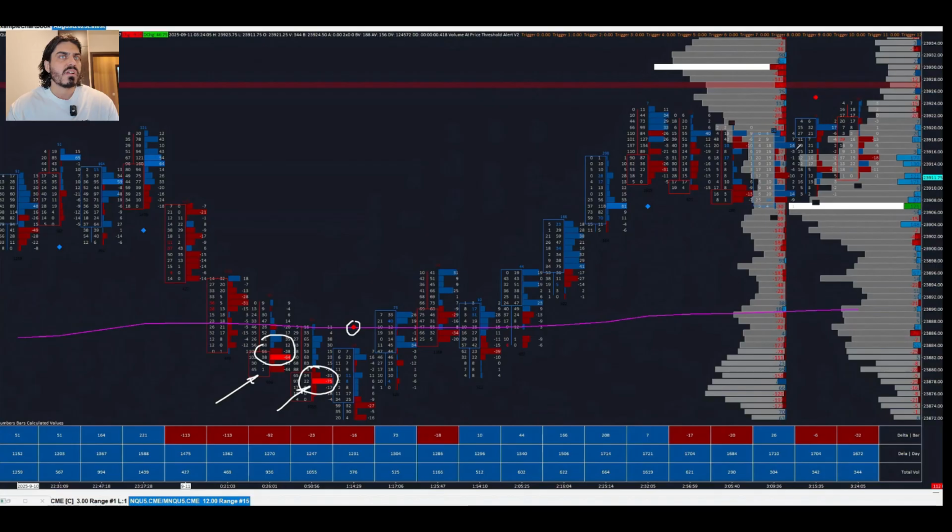You have these color-coded little diamonds, circles, whatever you want to call them, sometimes above candles, meaning that if it's a positive blue candle, meaning that it's going up, and it has negative delta on the candle, you'll get this little red diamond. Just like you'll get a blue diamond over here if you have a candle that goes down with positive delta. This is some type of a delta divergence.